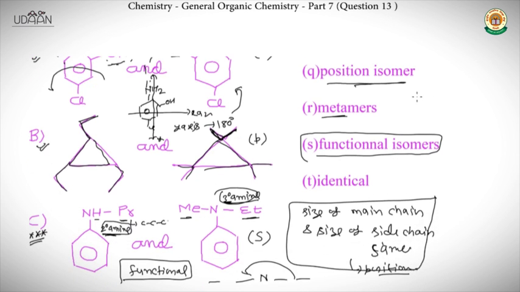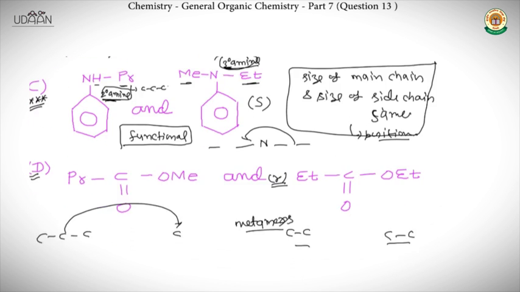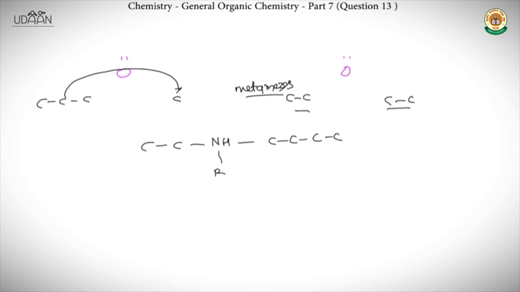Metamerism is shown by compounds like NH, where there are 3 carbons on one side and 2 carbons on the other with the same group.